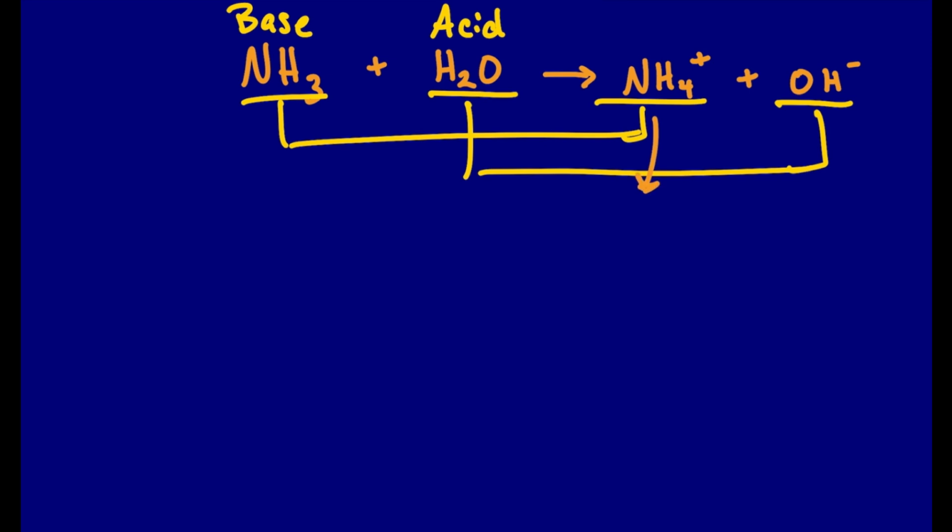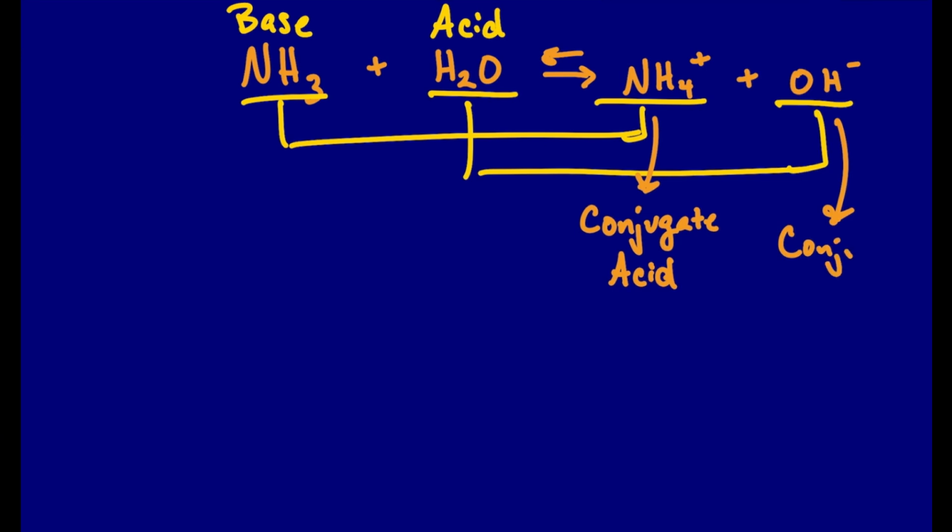So in the reverse direction, we want to think positive charge acts as an acid, so it'll be considered the conjugate acid. And then in the reverse direction, the negative charge is going to act as a base, and so our hydroxide ion is going to be considered the conjugate base.